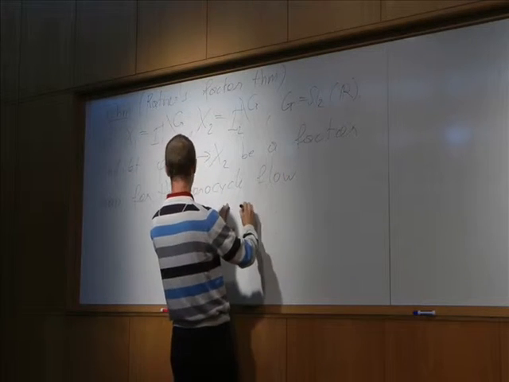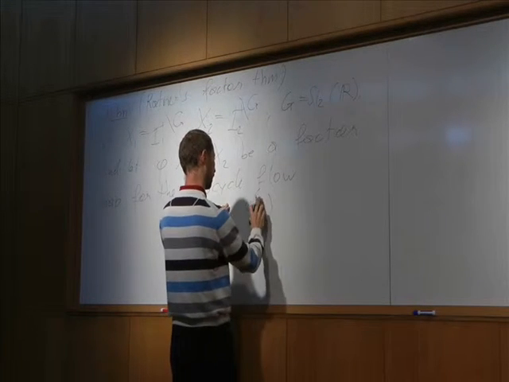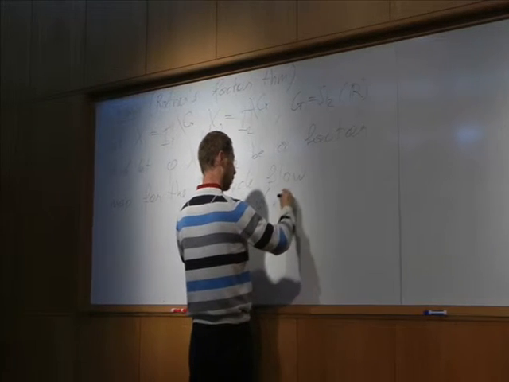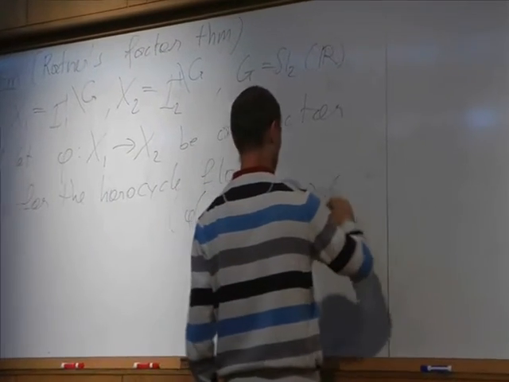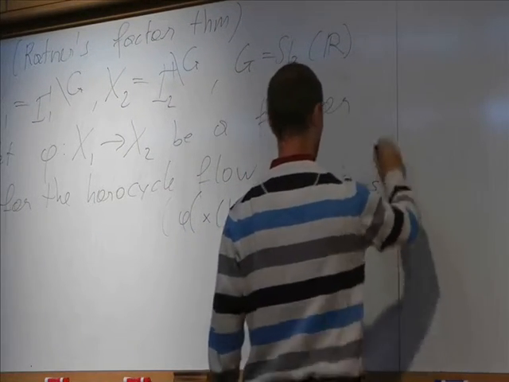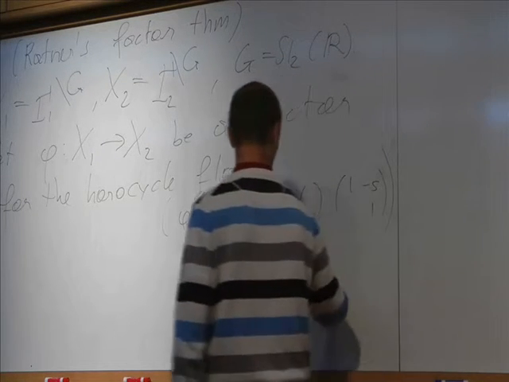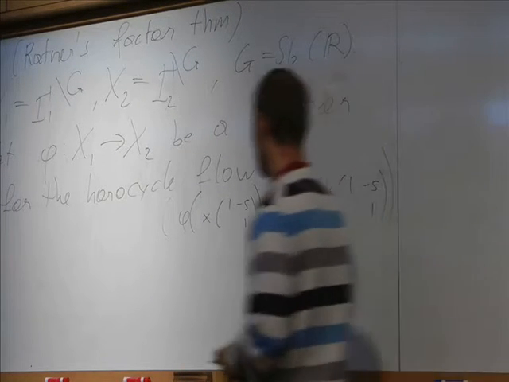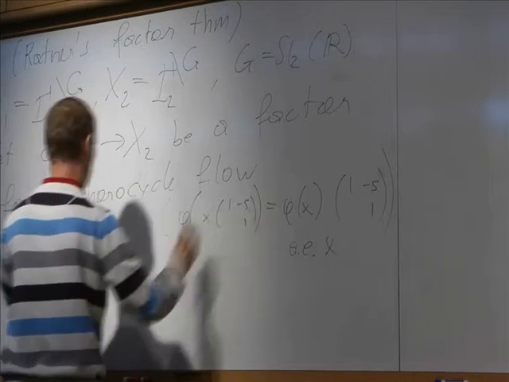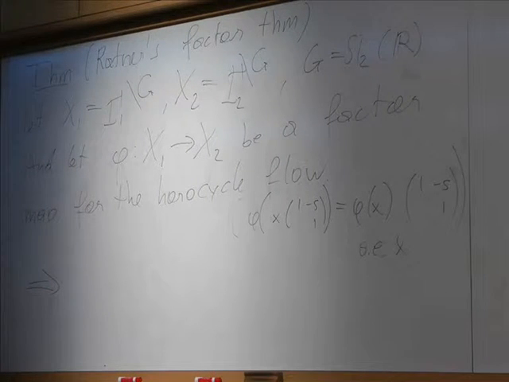So measurable defined almost everywhere, and phi of x1 minus s1 is equal to phi of x1 minus s1, because that's our flow that we are studying. And we need to have that property for almost every x.